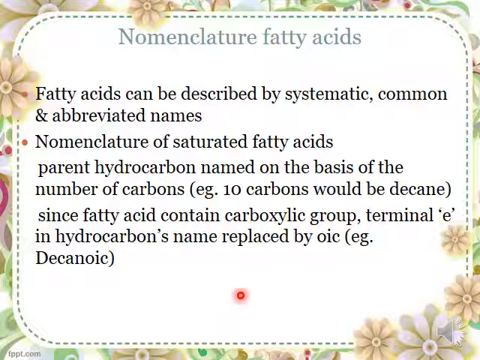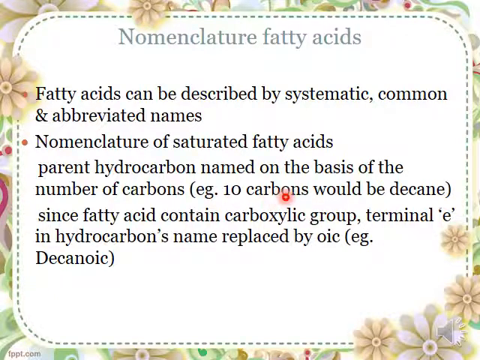First of all, we will look at the nomenclature of saturated fatty acid. Naming of saturated fatty acid is based on the number of carbons in the acid. If there are 10 carbons, the name of the alkane would be decane.